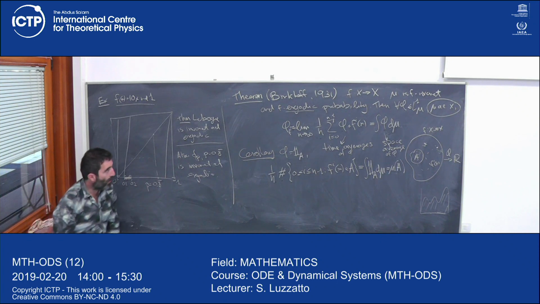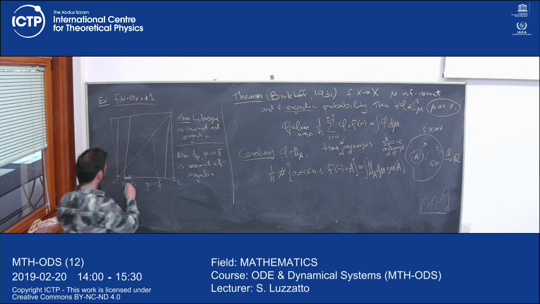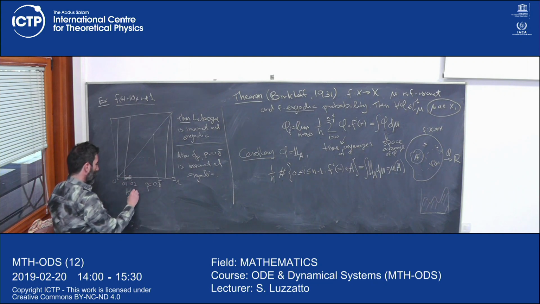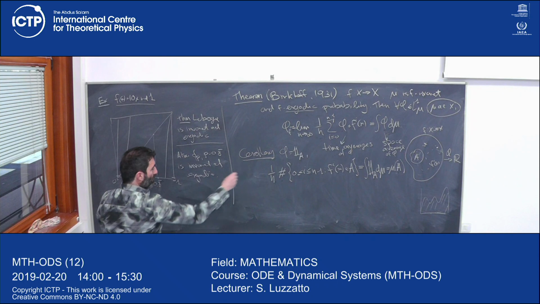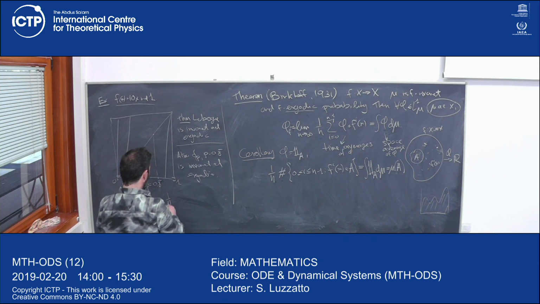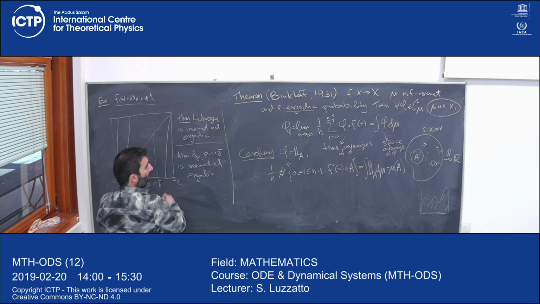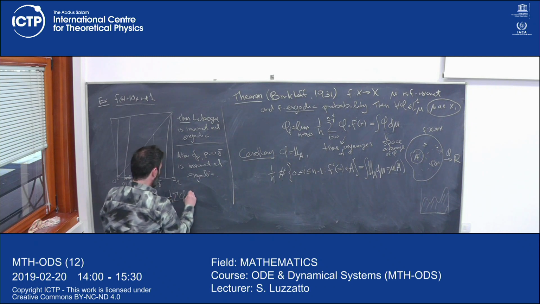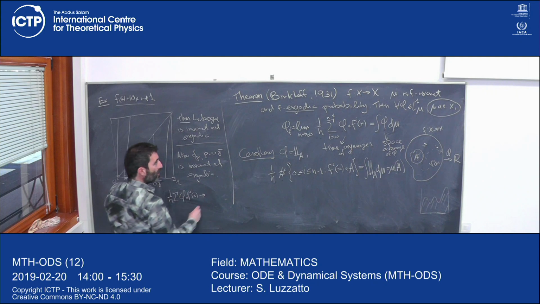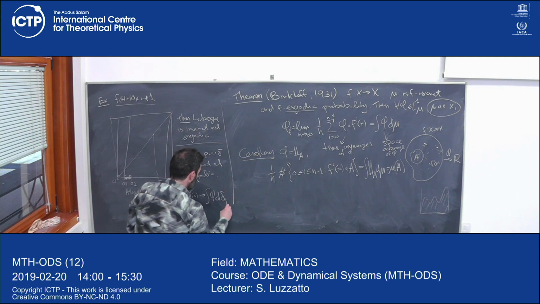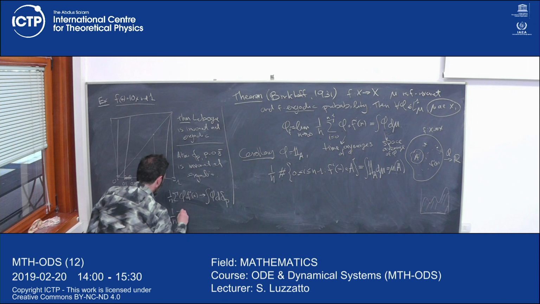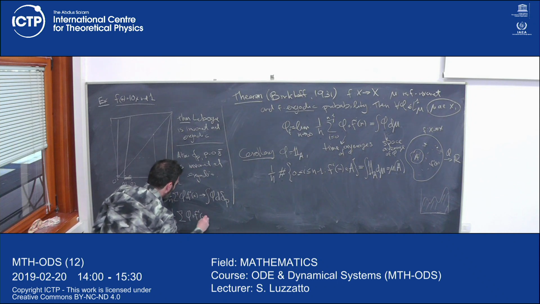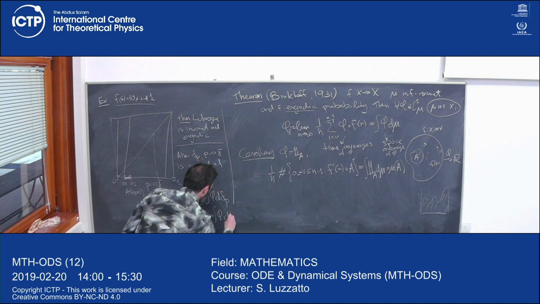So by Birkhoff's ergodic theorem, if our set A is equal to the set [0.1, 0.2), we have that the frequency of visits, 1 over n, the sum of phi composed with f^i of x, converges to the integral of phi with respect to the measure delta P. But we also have that 1 over n of the sum of phi composed with f^i of x converges to the integral of phi d Lebesgue.